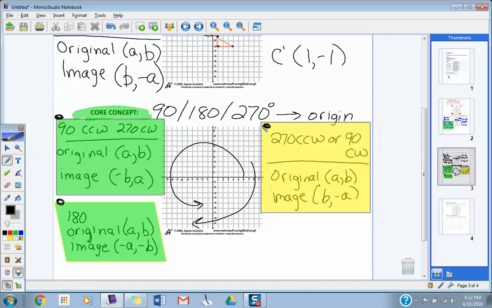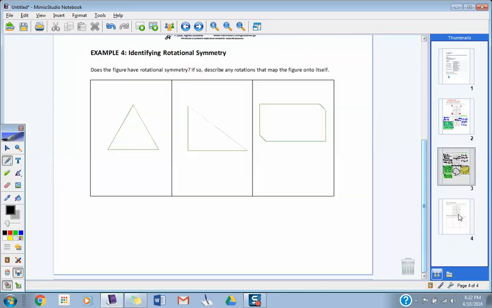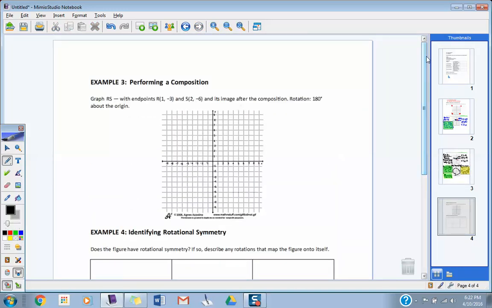Okay, the last thing I want to look at then is over here on page 4. We're going to look at a composition. And I forgot to write one thing down in there. Performing a composition, we're going to perform multiple moves here. In this example, it says to graph the segment RS with endpoints R at -1, -3 and S at -2, -6, and the image after the composition.